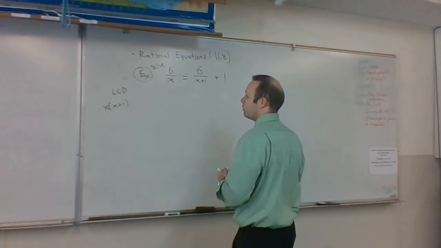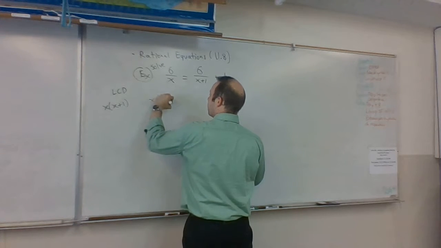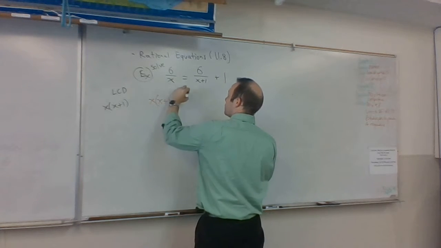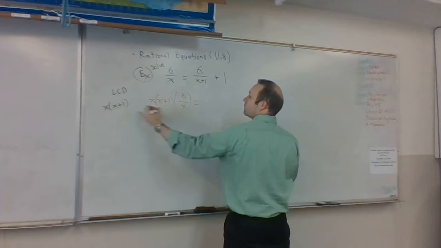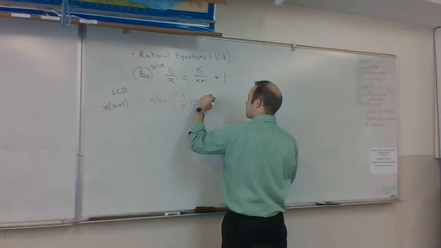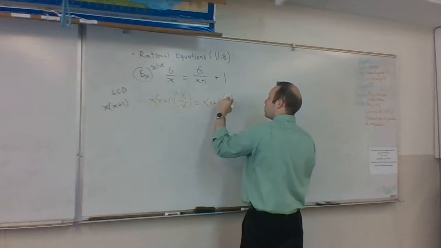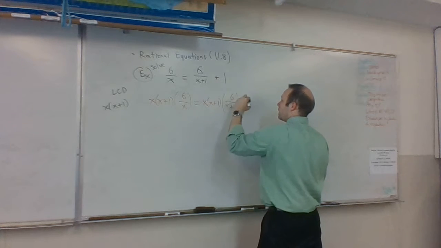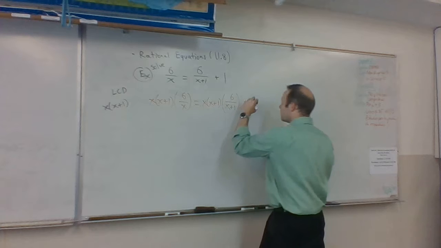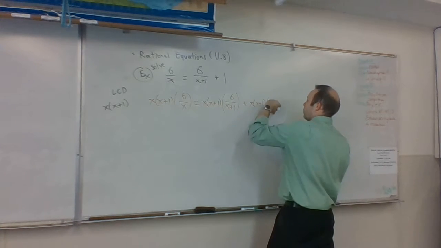I'm going to grab my brown pen here. Lowest common denominator, x times x plus 1, times our 6 over x, equals our lowest common denominator, x times x plus 1, times 6 over x plus 1, plus our lowest common denominator, x times x plus 1, times 1.